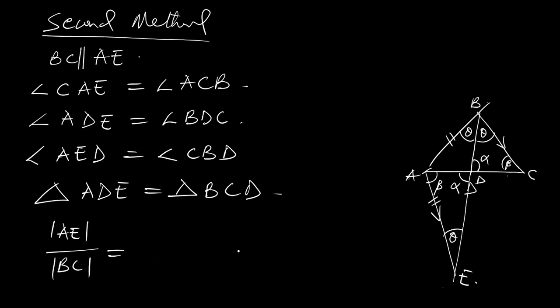Now this ratio will be equal to, now we'll look at this other triangle, because this other triangle is the one up here. AD is adjacent to beta and alpha. So which one is adjacent to beta and alpha in this other part of the triangle is DC. So divide by DC. So you see it.